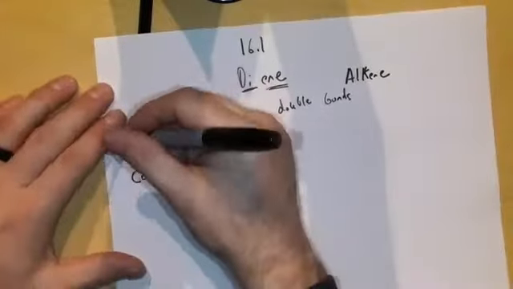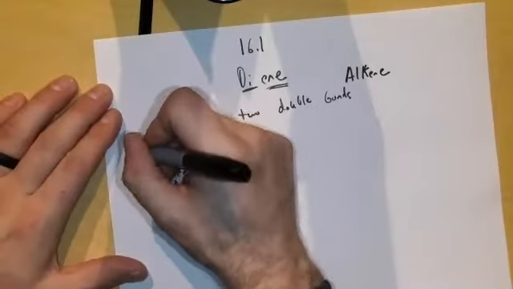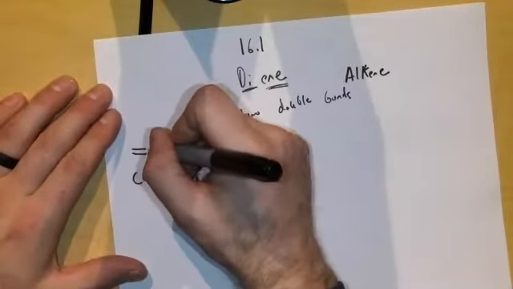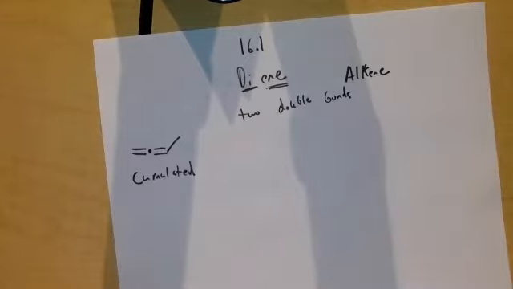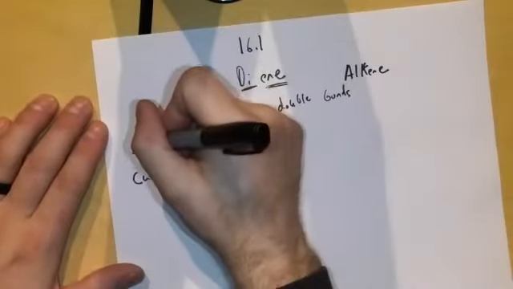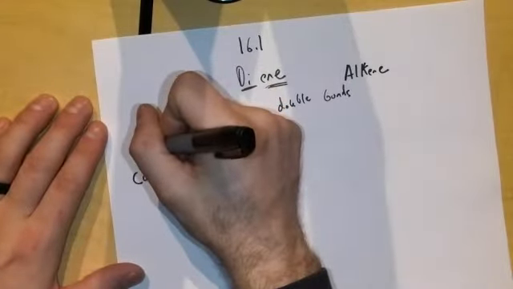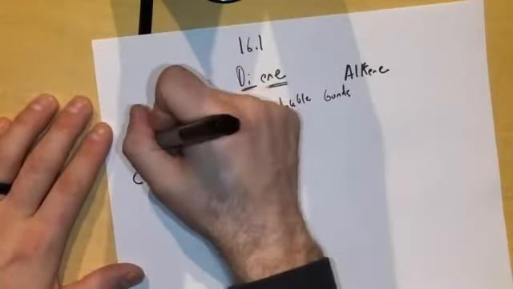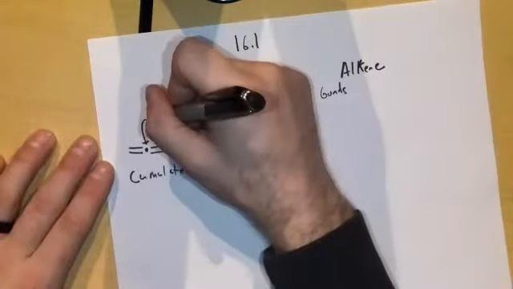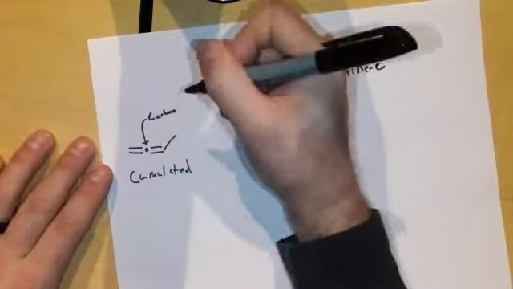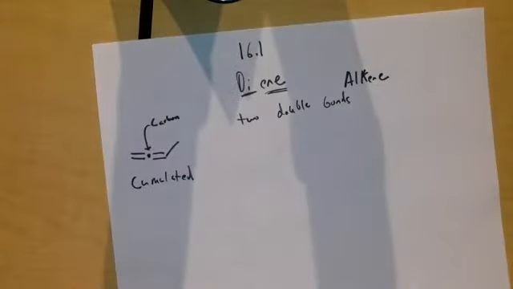So if we have a double bond that looks like this here, where we have basically this dot is just a carbon, by the way. Anytime you see that, that's a carbon. There is no space between these double bonds.